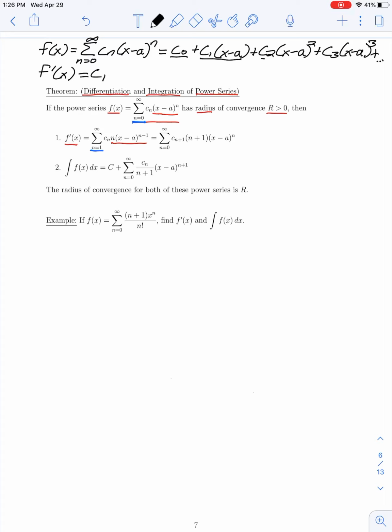For our next term, c2 times x minus a squared, the derivative would be c2 times 2 times x minus a to the first power. Then plus our next term, c3 times x minus a cubed, the derivative will be c3 times 3 times x minus a squared, and so on.